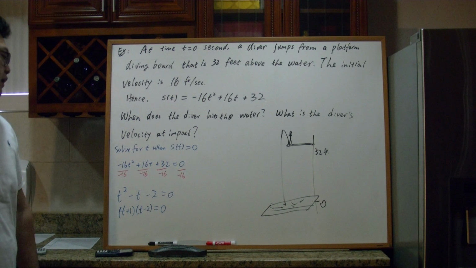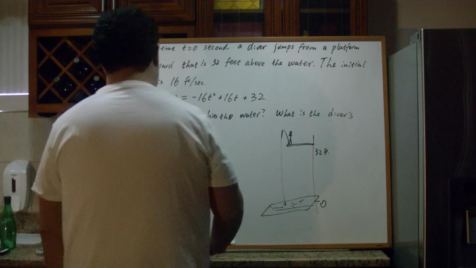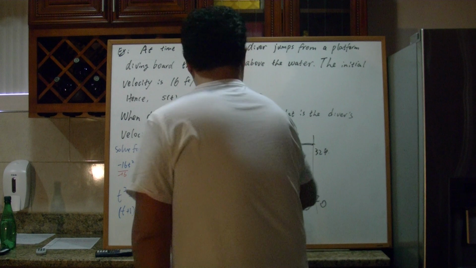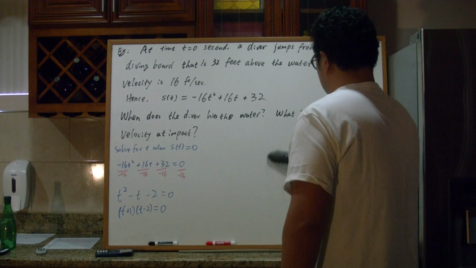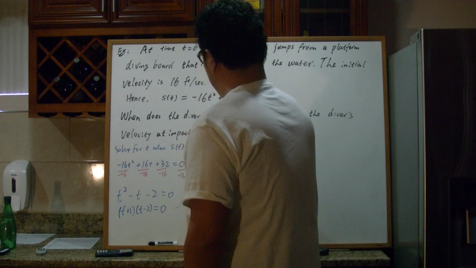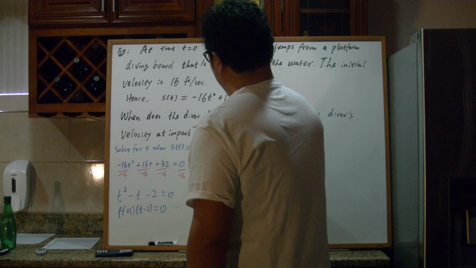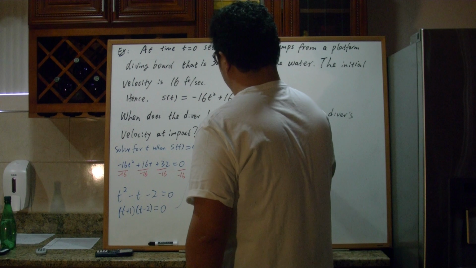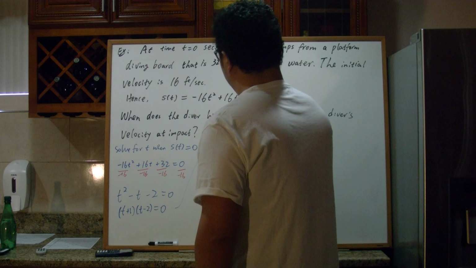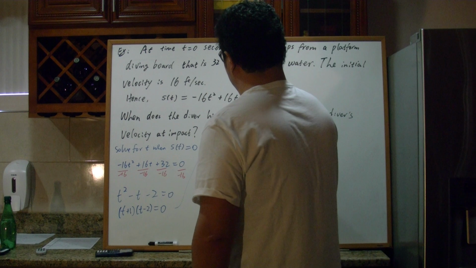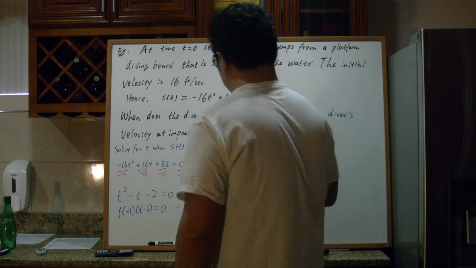That's how we factor. Therefore, t plus 1 equals 0 or t minus 2 equals 0, so t equals negative 1 or t equals 2.